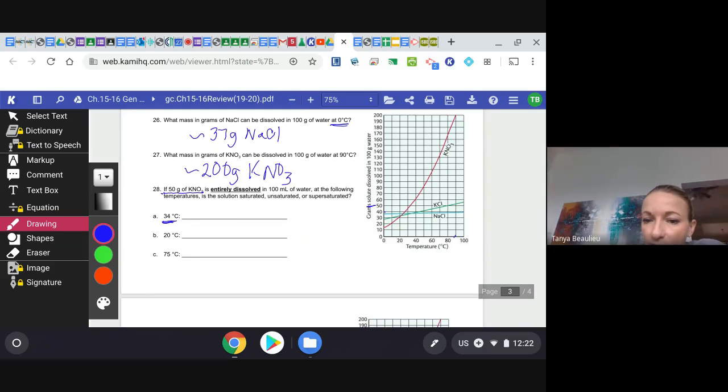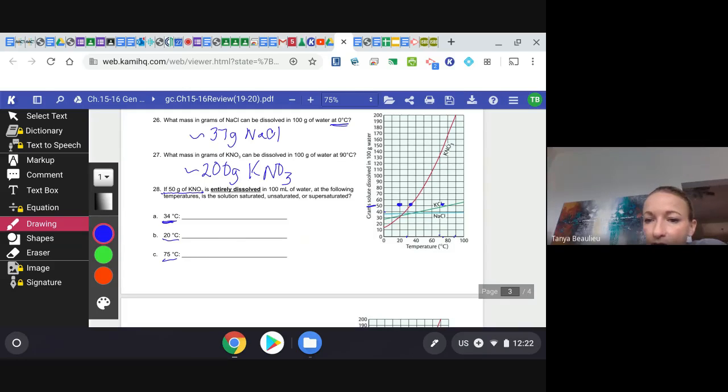So I'm going to find 50 grams, find 34 Celsius. So here's 30. 34 is approximately right there. So I'm going to put a data point there. 20 Celsius and 50 grams would be right here. And 75 Celsius. So here's 70, 75 is halfway, and 50 grams is right here.